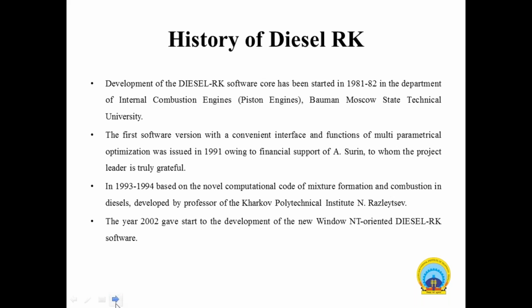In 1993-1994, based on the novel computational code of mixture formation and combustion in diesel developed by the professor at Kharkov Polytechnic Institute, a new software generation was developed and issued: Diesel 4T software and its modification Diesel 2T. So Diesel 2T is for two-stroke, and Diesel 4T for four-stroke.